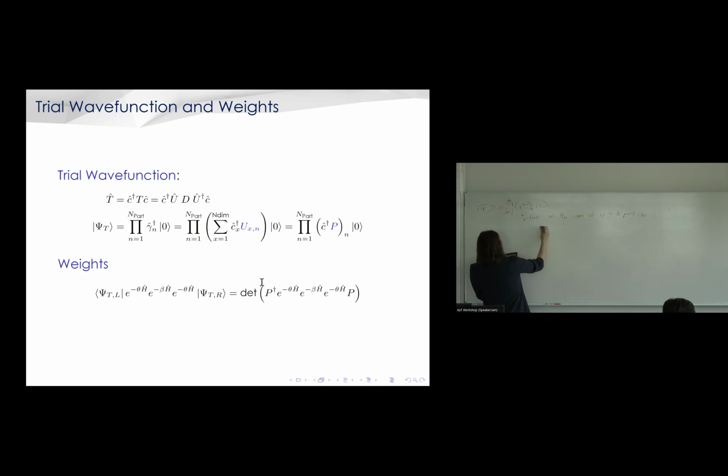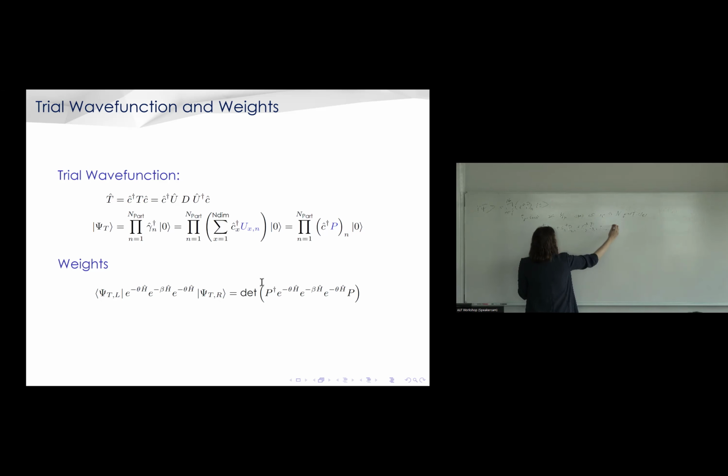It would be something like this, if we're thinking about the types of terms that appear in this product. I'm just going to write a few out simply so that we can see what this would look like. We have C1 dagger P11 plus C2 dagger P21 plus C3 dagger P31.